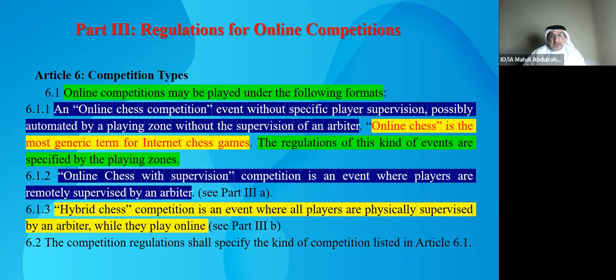So we have two teams, one team from a federation or club, and another team from another federation or club. They are playing online, but it is hybrid chess. Why hybrid? Because they are all playing in one place under the supervision of the arbiter. So we have a real arbiter there, and an arbiter on Zoom. Two arbiters are monitoring, one on Zoom and the other in the tournament hall.